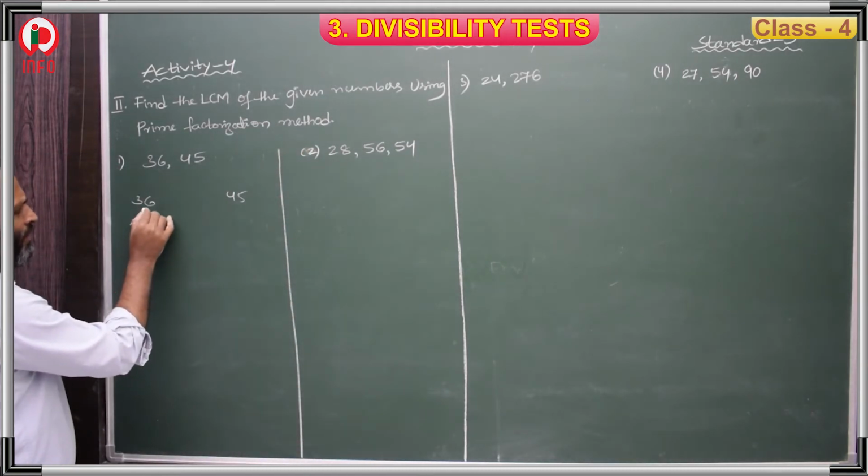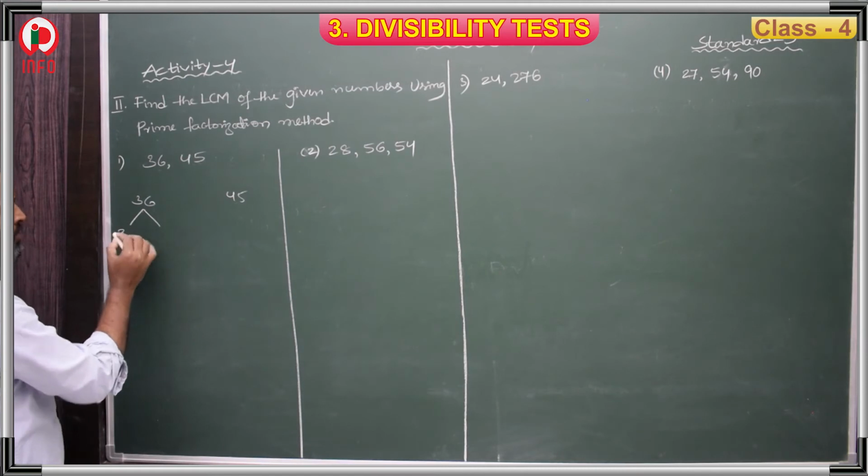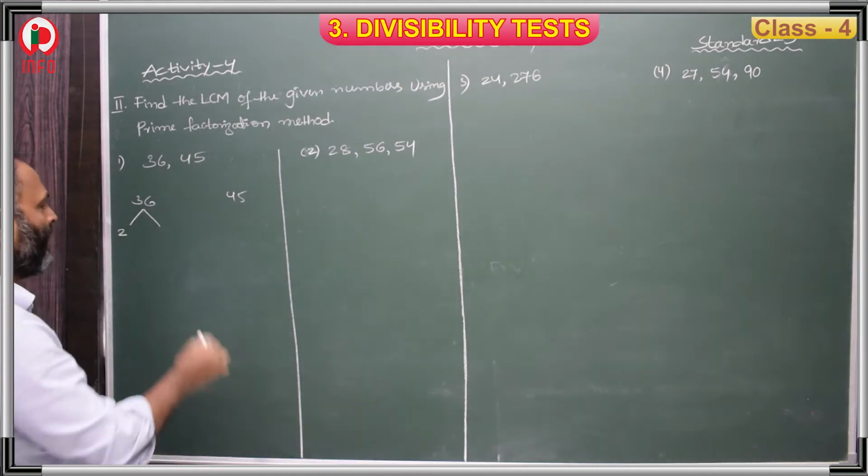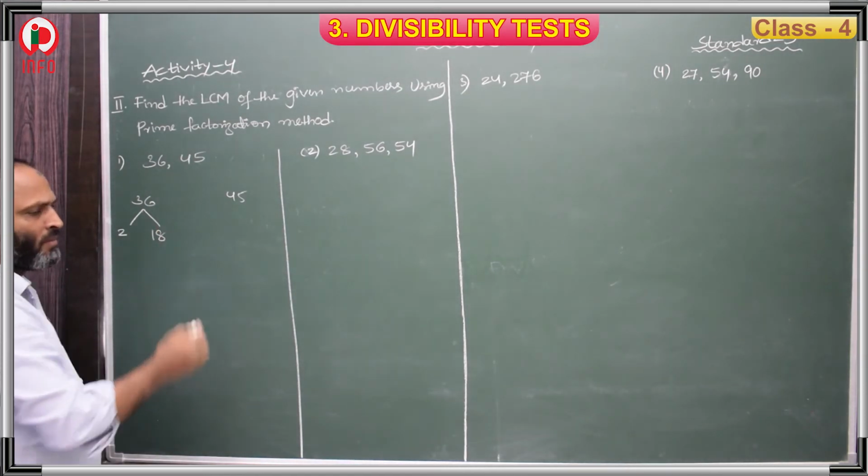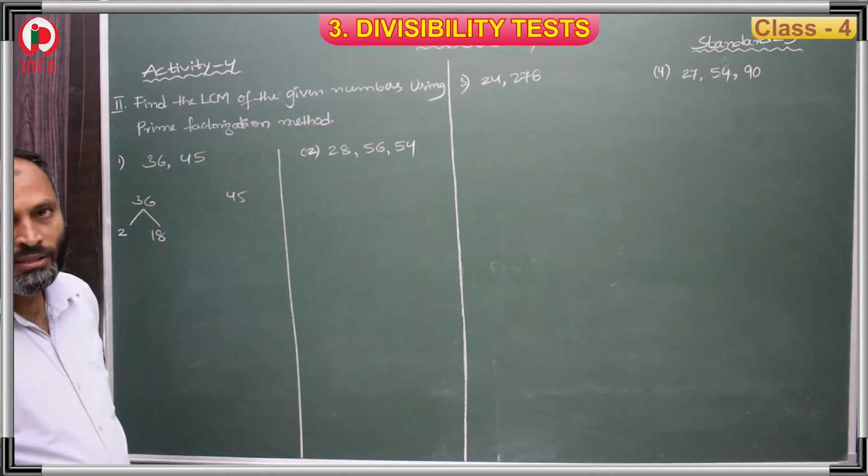36 is an even number, so divide by 2. 2 18s are 36.